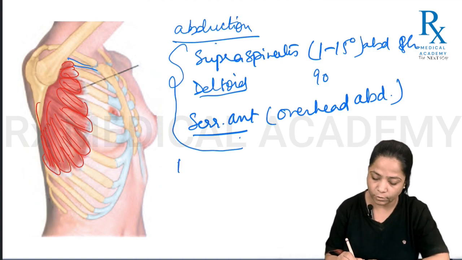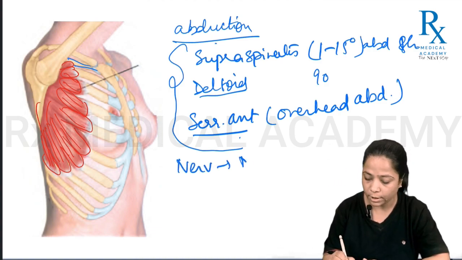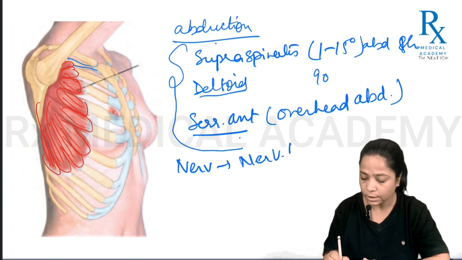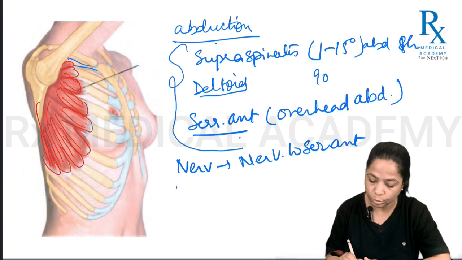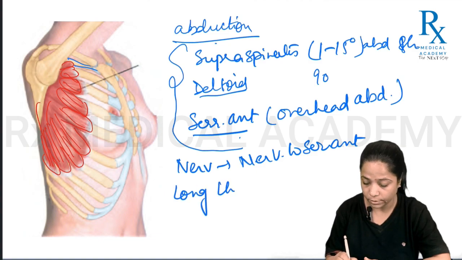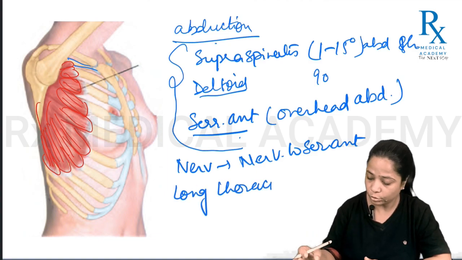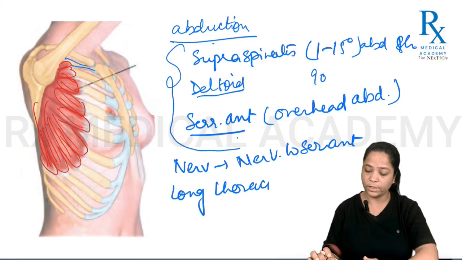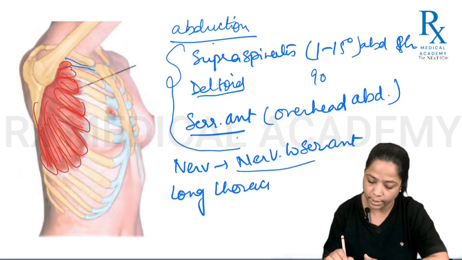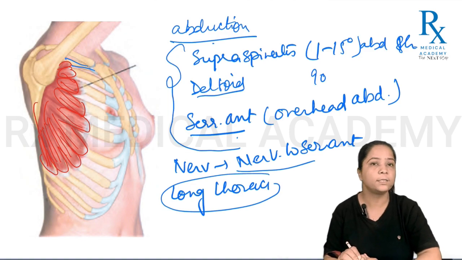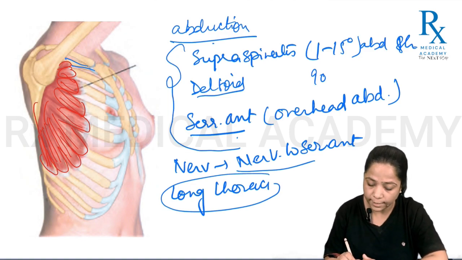The nerve supply of this muscle is the nerve to serratus anterior, also known as the long thoracic nerve. It supplies the serratus anterior and arises from the roots of the brachial plexus.